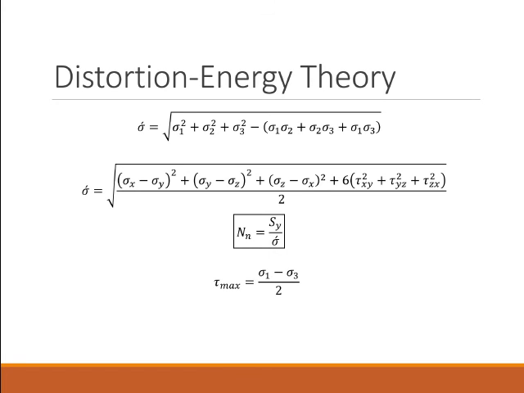We also can find the maximum shear by taking sigma 1 minus sigma 3 over 2 and recognizing that there's also a factor of safety we can calculate for the shear stress. So if we're using the distortion energy theory, we want to test both of these cases for our given stress state. And whichever factor of safety is smallest, that's the factor of safety of this element at this time.